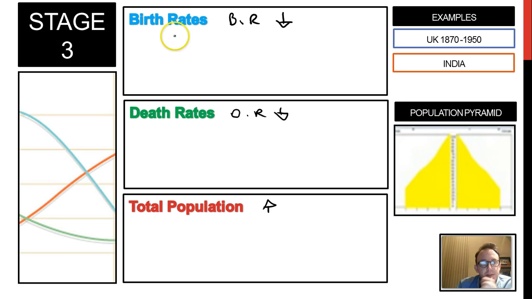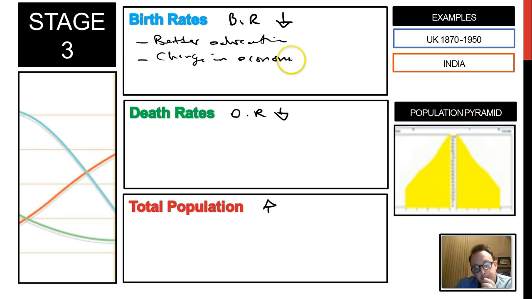Now the birth rates falling is down to better education, change in economy, meaning more women work and less children needed to work.